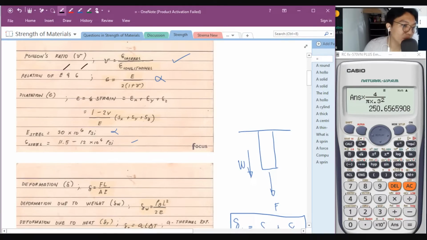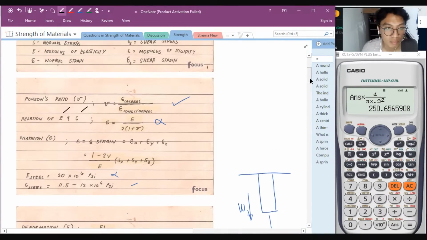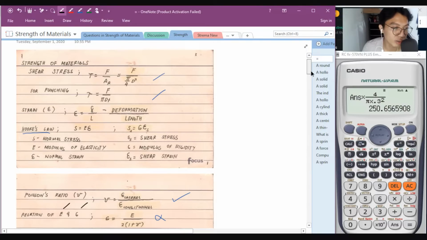Going back, yung E, ayan. The strain is equal to the deformation divided by the length. Stress, modulus of elasticity, and normal strain.